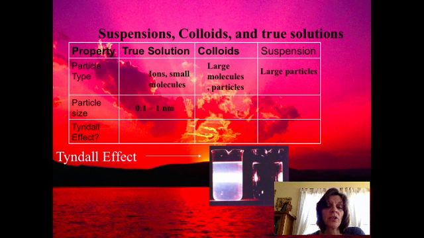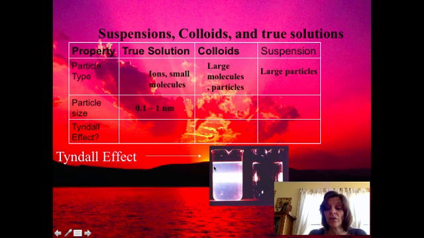For a true solution, it's 0.1 to 1 nanometers. If you remember, a nanometer is 1 times 10 to the negative 9th meters. Really small. They are small enough that they cannot reflect light when light goes through it. So the Tyndall effect, which you can see here: if light goes through a true solution, the particles are small enough that you can't see the light reflected in the solution itself.